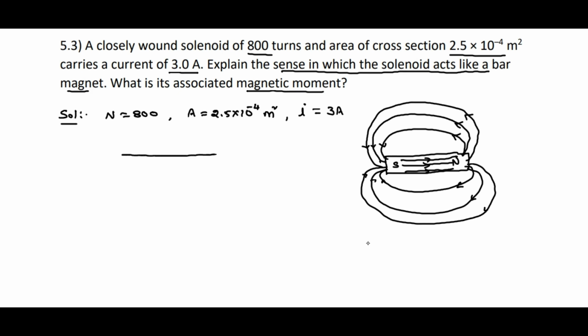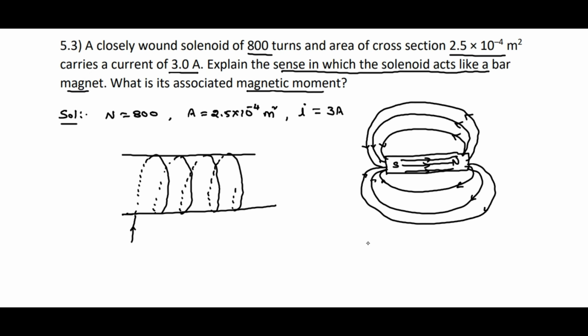Similarly, if we are taking a solenoid, assume that these are the turns and the current I is coming out here and entering here.